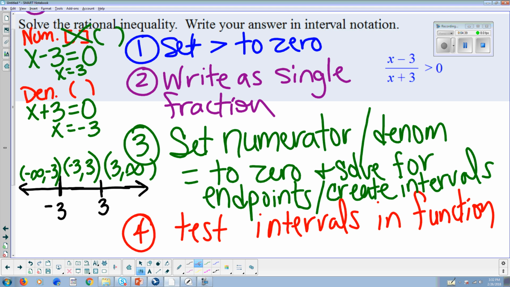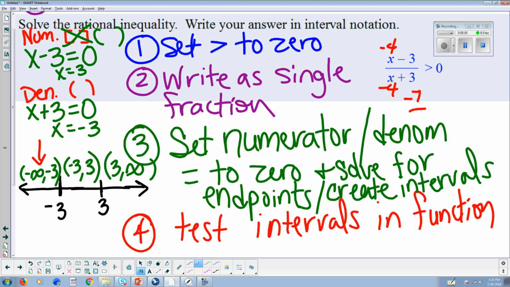Step 4, now we will test our intervals in the function. So what I want to do is choose any number that falls in the interval between negative infinity and negative 3. I may choose to test negative 4. I'm going to use the easiest number to work with that I can think of. So if I substitute a negative 4 in for x in these two places in the function, negative 4 minus 3 is negative 7.